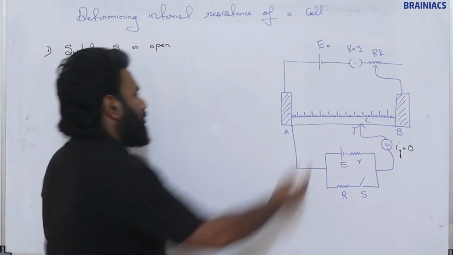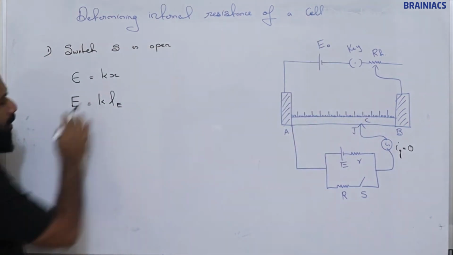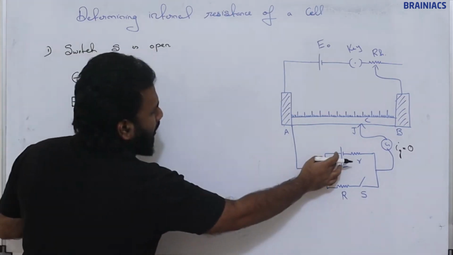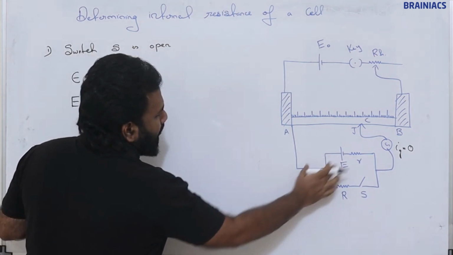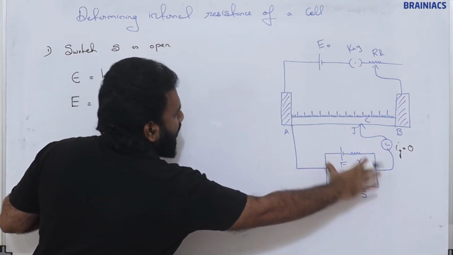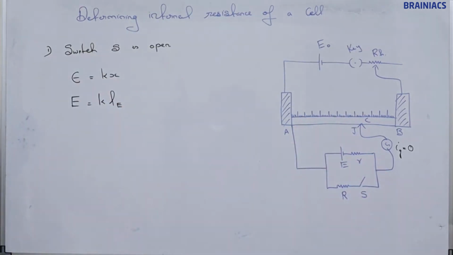We will be able to find the potential gradient also. So that is the first step. When no current is flowing, this EMF is the potential difference across these 2 points. These 2 points also, the potential will be the same. The simple concept of the potentiometer which we have seen so far.